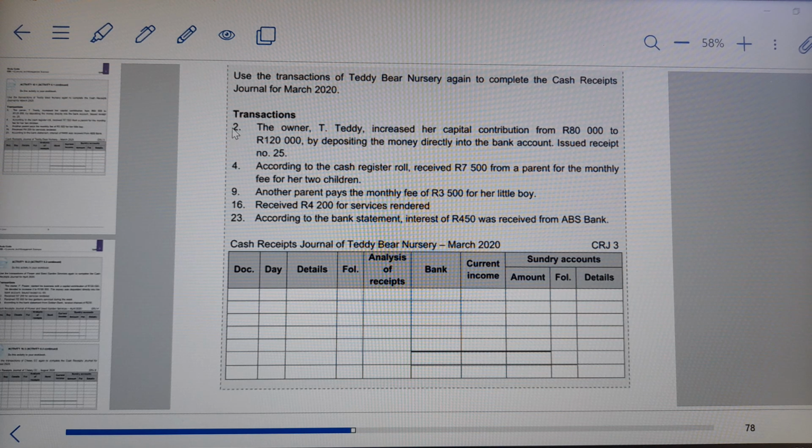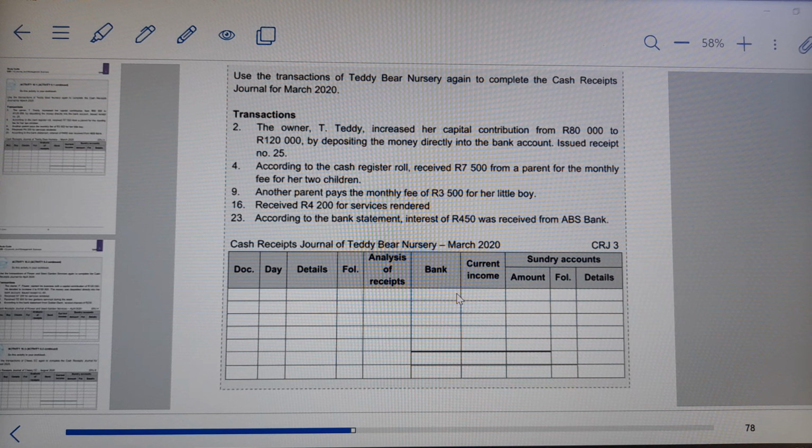Day, it will be day number 2. And details, the money is from T30. Folio, for now, we don't fill it in. And if it's capital, it does not go here. It goes straight to the bank account. It will be 40,000 here. Okay, and at the end, it will have a dash to show that it is 00.